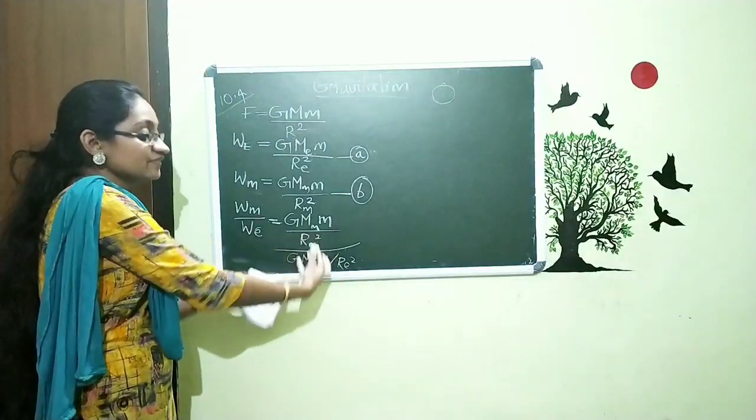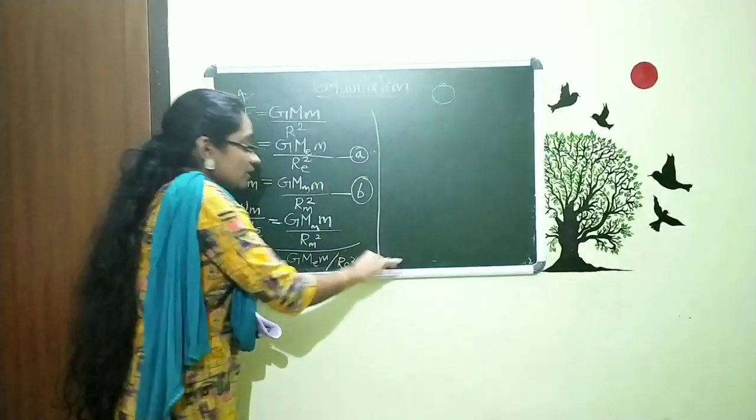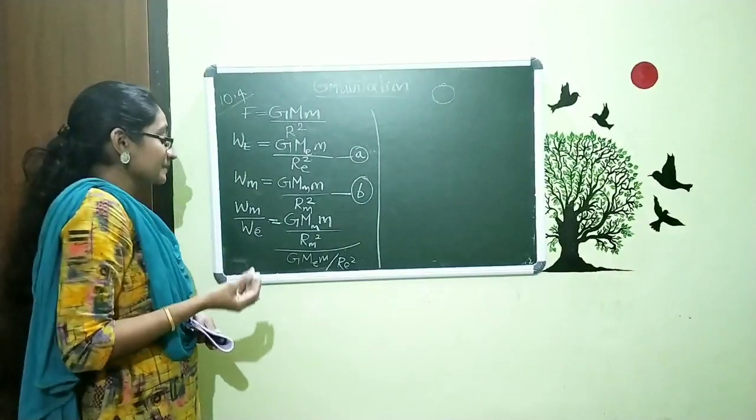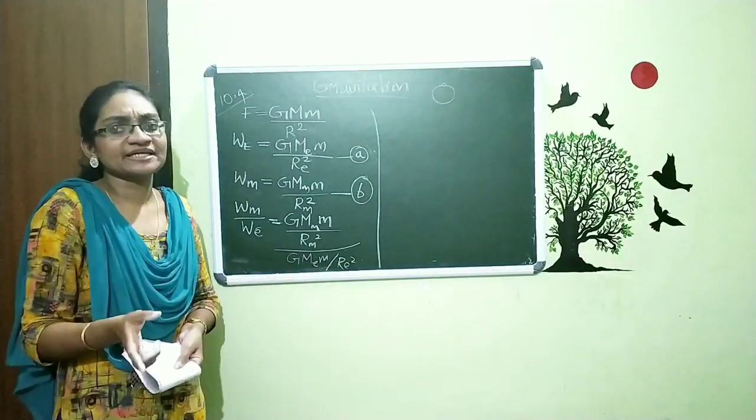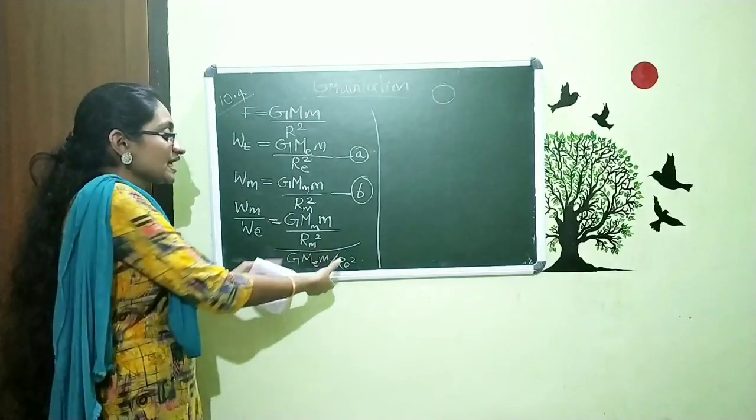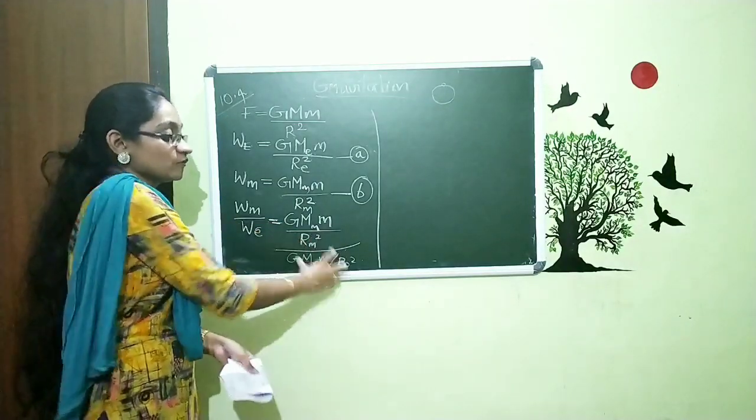That is the division. Using a simple mathematical step, I am going to replace this with multiplication. Then I have to take the reciprocal of this component.